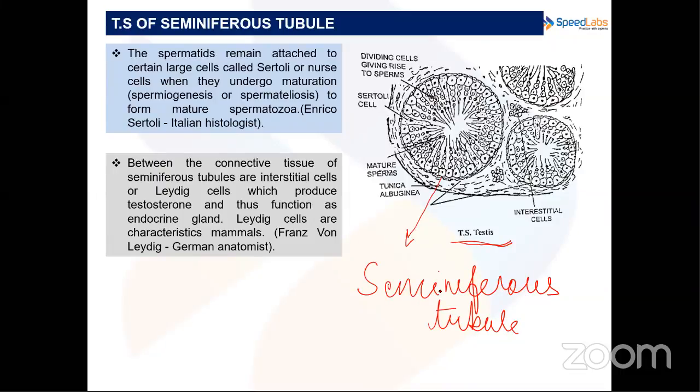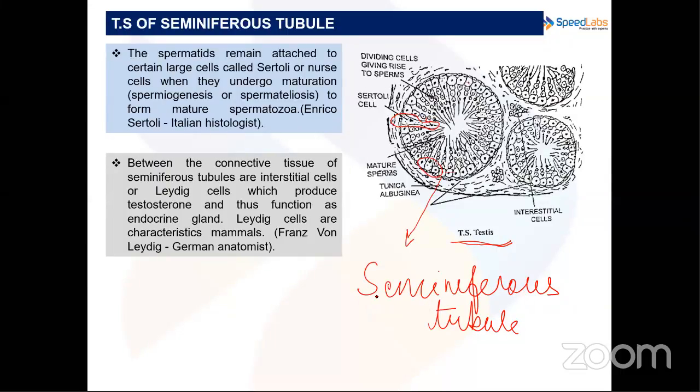Inside the seminiferous tubule, look very clearly: you have two kinds of cells. You have these cells, which are the Sertoli cells or sustentacular cells, and you have another cell which is lining this seminiferous tubule, which is the germ cell, the spermatogonium.